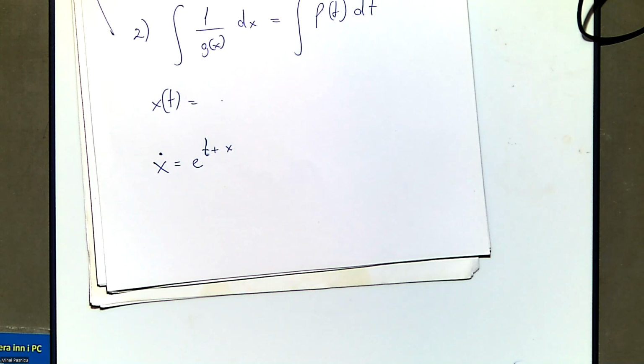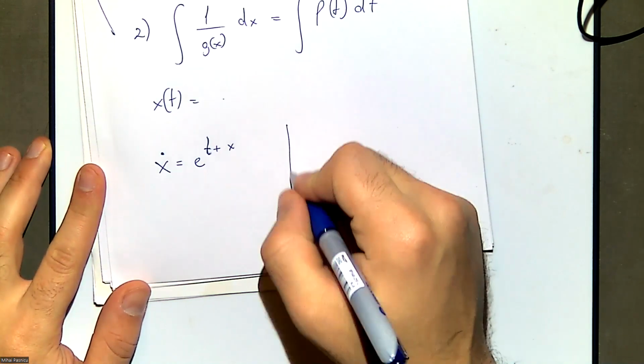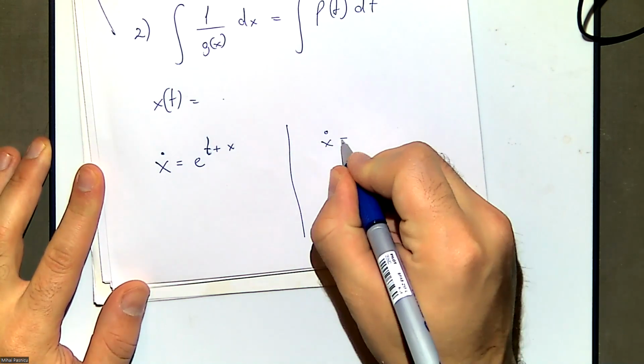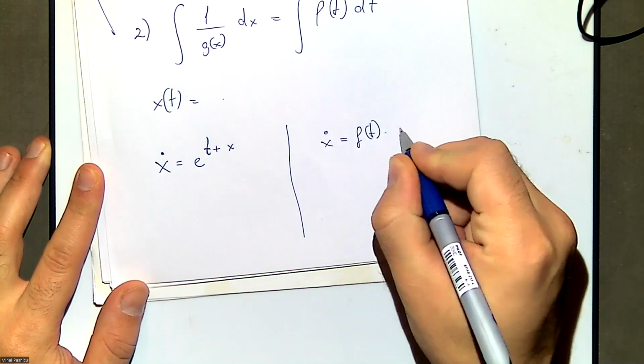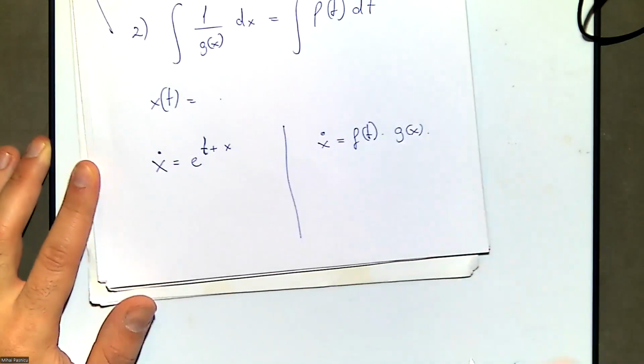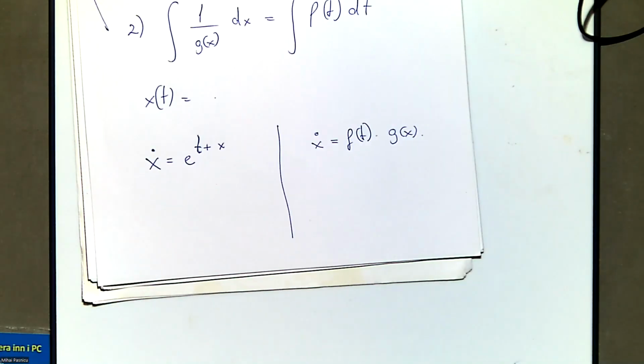Now, as I said, the first step is always identifying and trying to make your function look as much as possible like the function you've learned, which is x dot is equal to f of t times g of x. And you just got to make it look nice. In this case, written like this, I can't really do much.